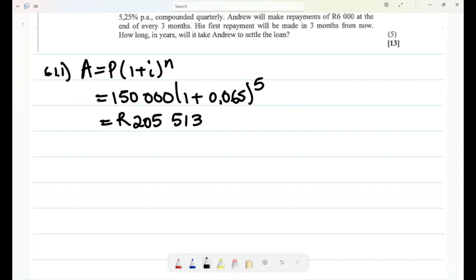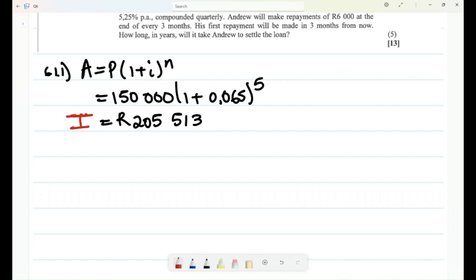Yes, I did not. 150,000 times (1 plus 0.065) to the power of 5. Let me just use 6.5% and see. Yes, it is the same answer. So now I'll call this inflation. You'll know why I call it inflation later on.